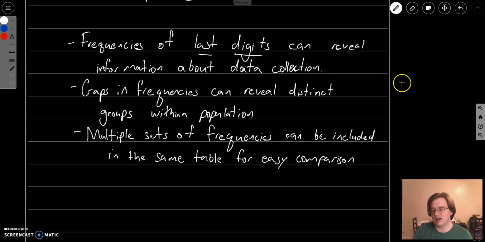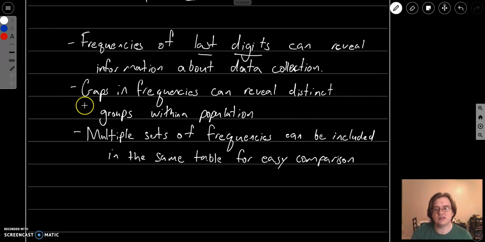For instance, if you have an instrument that only measures things to the nearest, say, 10, the last digit will always be 0. If your only measurements are things like 10, 20, 30, 40, all of the last digits of those are going to be 0. And I'll show you an example of this in a little bit.